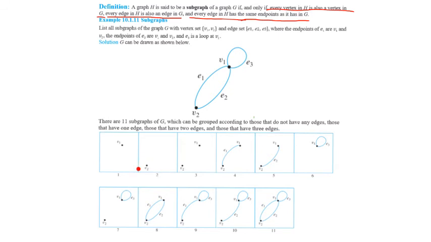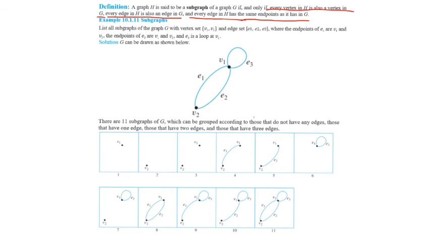You can see V2, the second subgraph, which only has V2, the third subgraph, which has 2 vertices but no edges, the fourth one, which has both vertices and 1 edge, E1. The fifth one is both vertices and only 1 edge, this time E2.